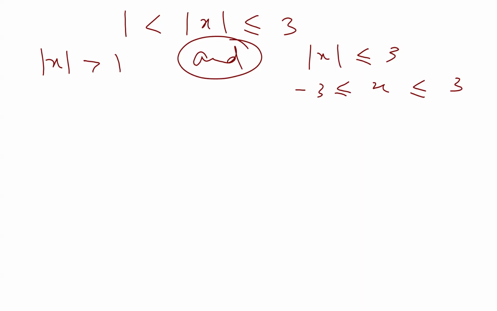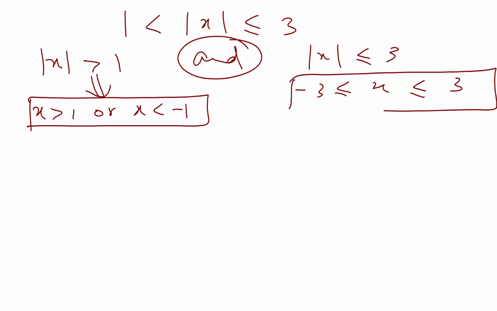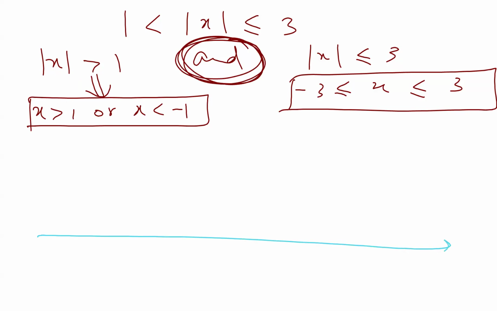And here I'm just using the formula. As per the formula, it is or. X is less than -1. So these are the two things which we have got. And there is and. Now number line. Before I start with my discussion of the number line, just ask doubts if you have any.